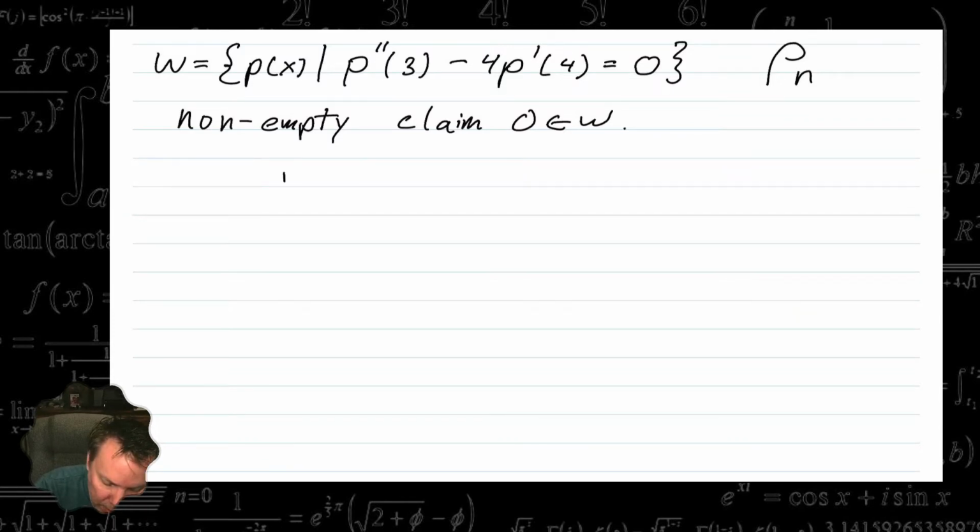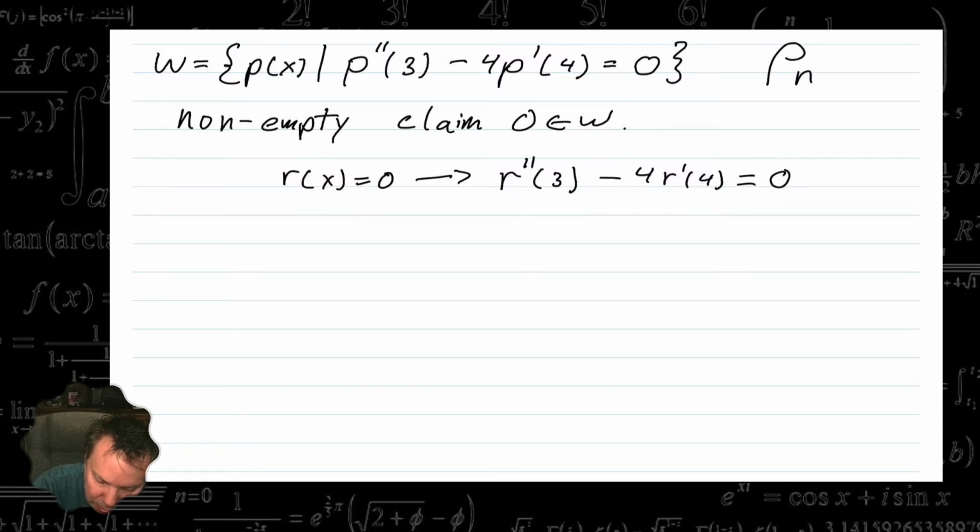If I take a polynomial and I'm defining the polynomial to be 0, then I know that r double prime of 3 minus 4 times r single prime of 4 is equal to 0 minus 4 times 0, which is just 0.